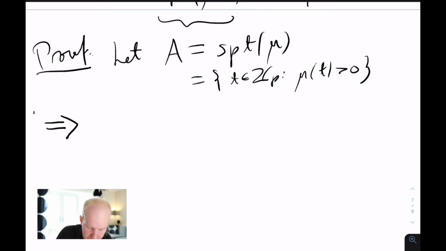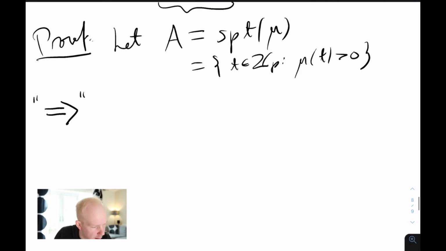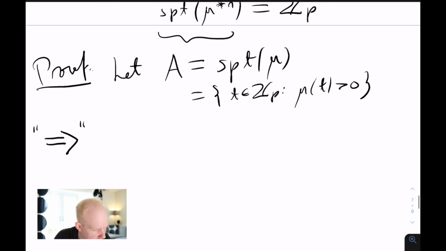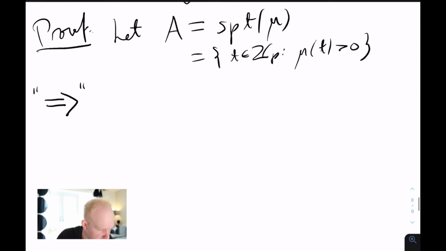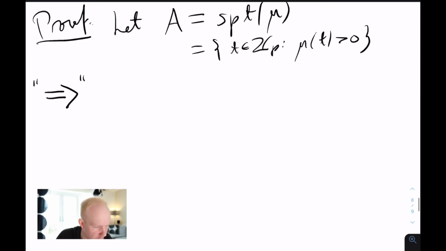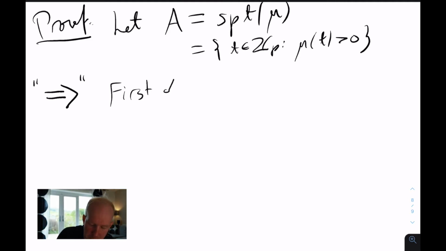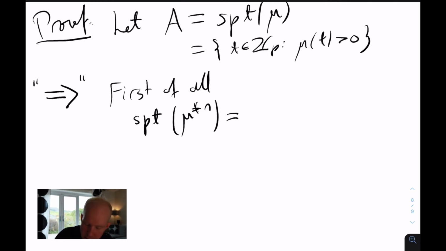The previous theorem basically tells us the following. First of all, we have, of course, that the support of the convolution is equal to, this was the theorem we had before that connected the support and the convolution.